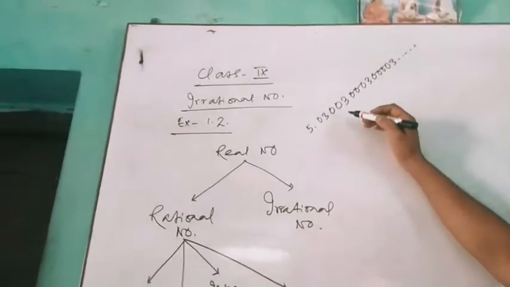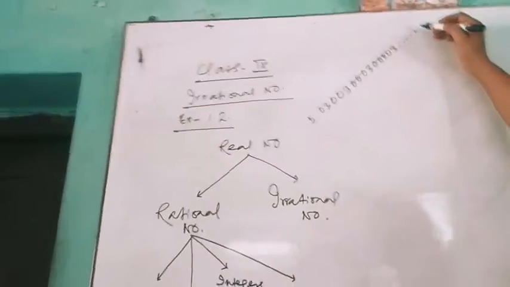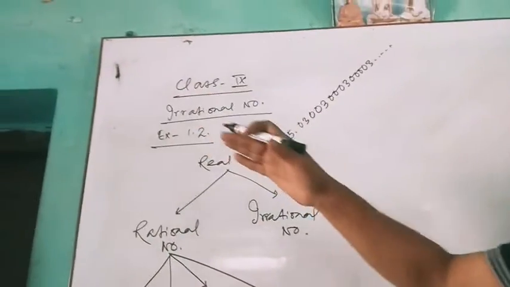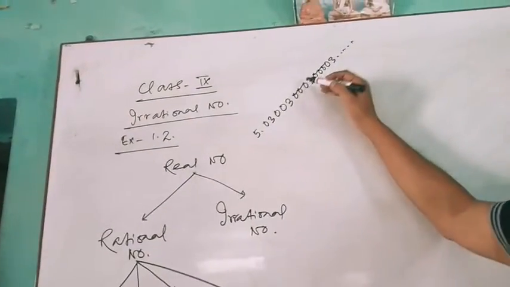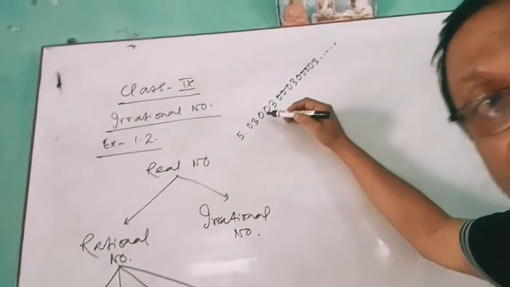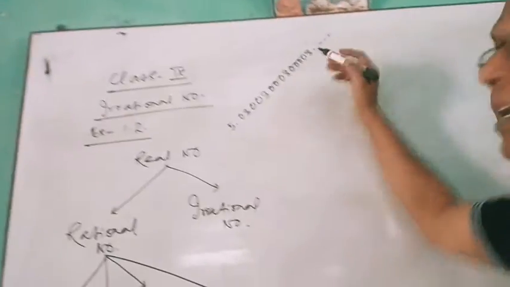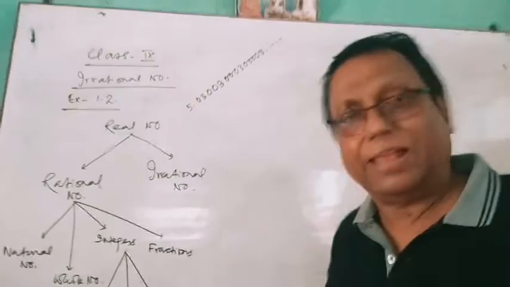The number is such that it is neither terminating nor repeating. You cannot put any recurring marks over any digit after the decimal symbol. So it is an example of irrational number.